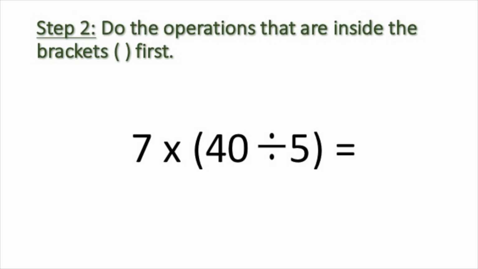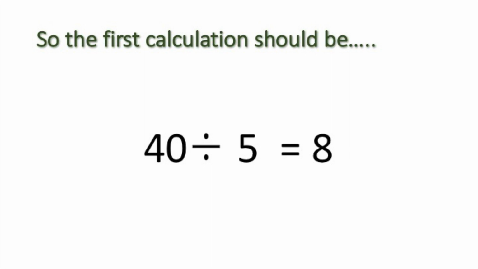So what sum do we see inside the brackets, guys? Excellent. Well spotted. So the first calculation should be 40 divided by 5 equals 8.